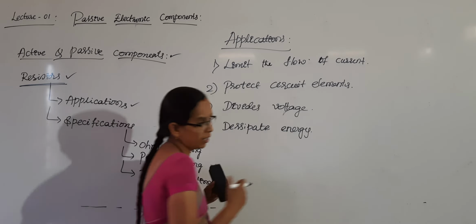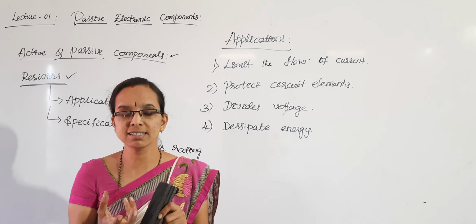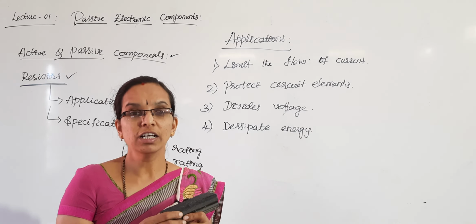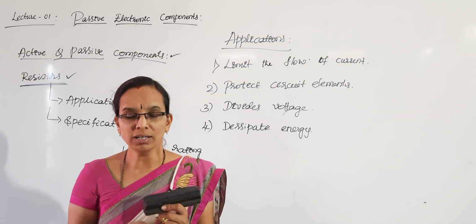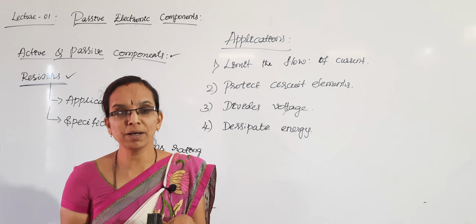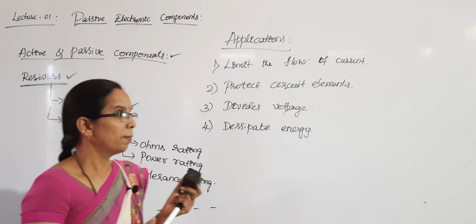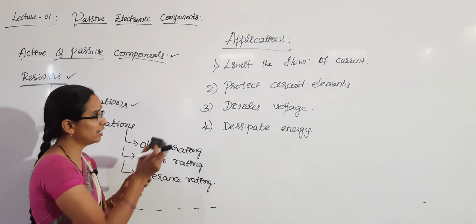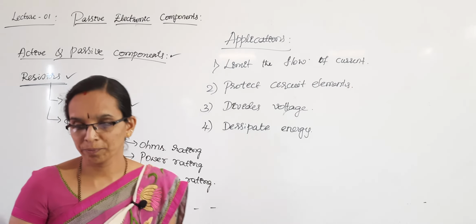You can observe an incandescent bulb. If you switch it on, after some time it will become hot, right? That is power dissipation. Heat is energy, so it is dissipating the energy. So it can dissipate energy.